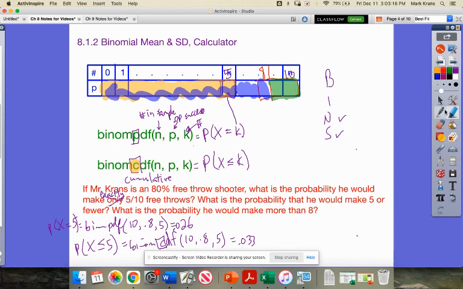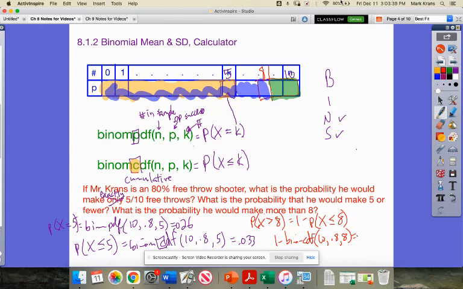Okay, so if I want more than 8, the probability that x is greater than 8 is the same as 1 minus the probability of x being less than or equal to 8, which is 1 minus binomCDF of 10, 0.8, 8.